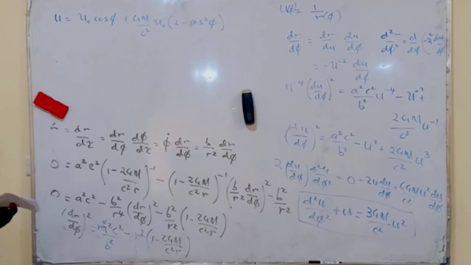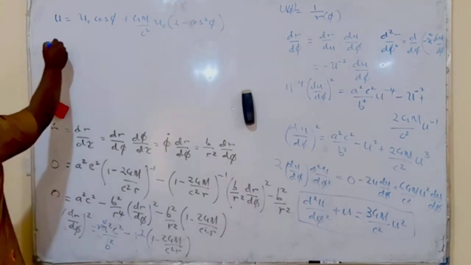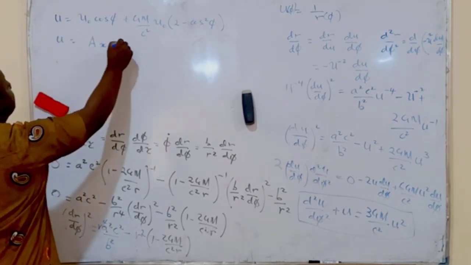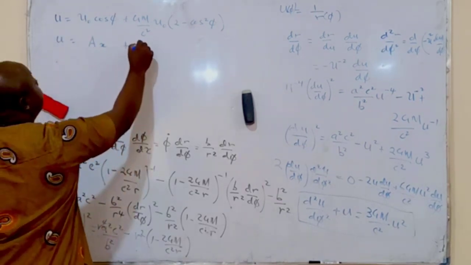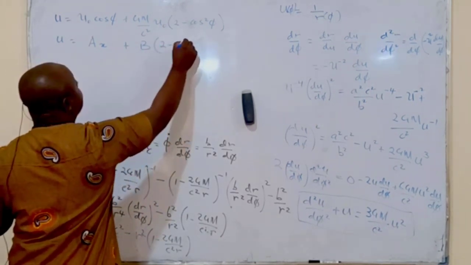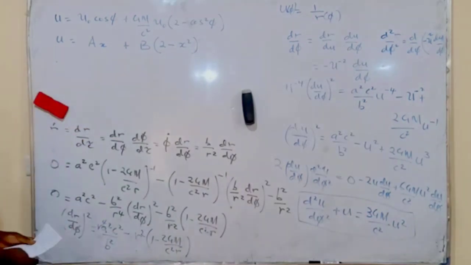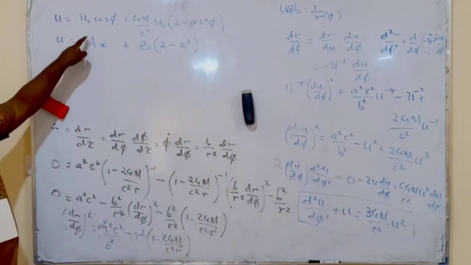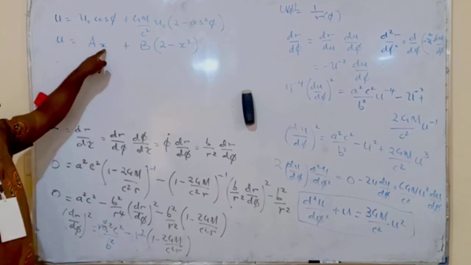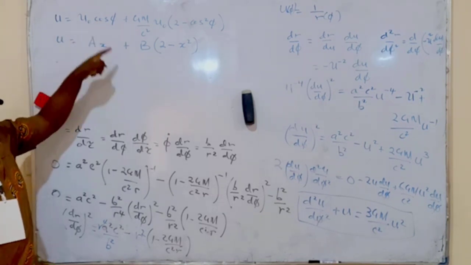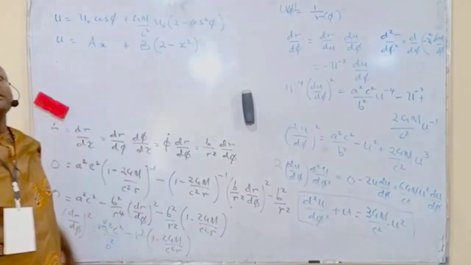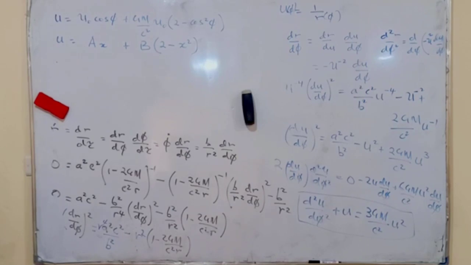Mostly that solution is written as u equal to ax plus b into 2 minus x squared. So our a is u0, our x is cos phi, our b is all of this. So we can write that equation like that.